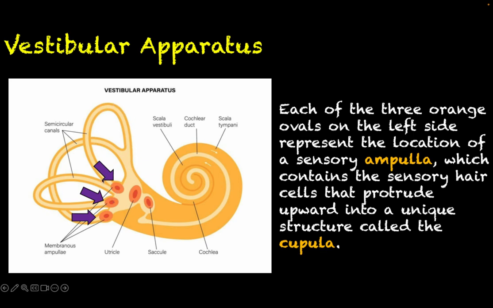So when we get fluid moving through one of our semicircular canals, that fluid will move across the cupula of that particular ampulla for that particular canal. So we have three semicircular canals and three different ampulla, one for each of the canals.